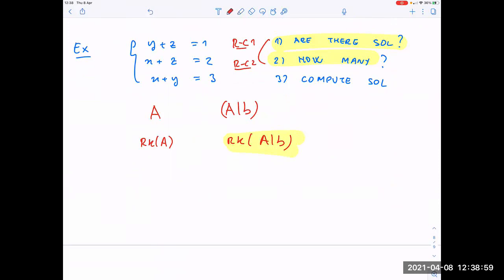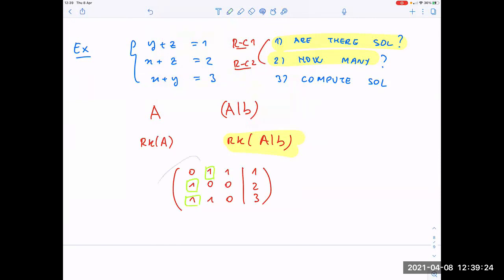So let's do that. I write down the augmented matrix. So it is 0, 1, 1, then 1, 0, 1, and then 1, 0, 0. Then I put the known terms here. I know that the matrix is not row reduced, so I cannot read the rank just by looking.